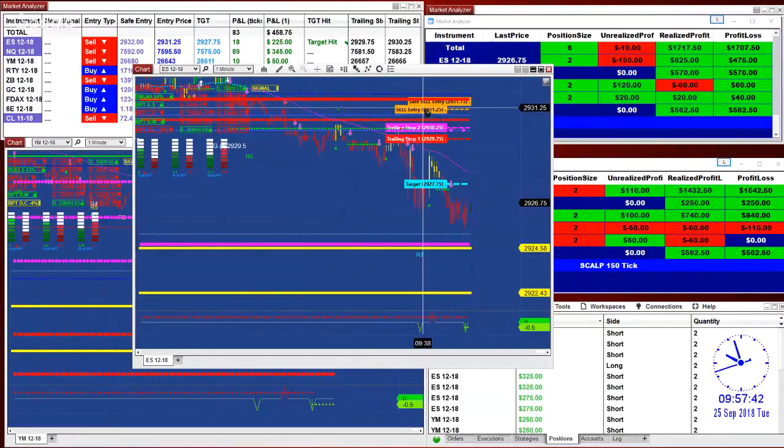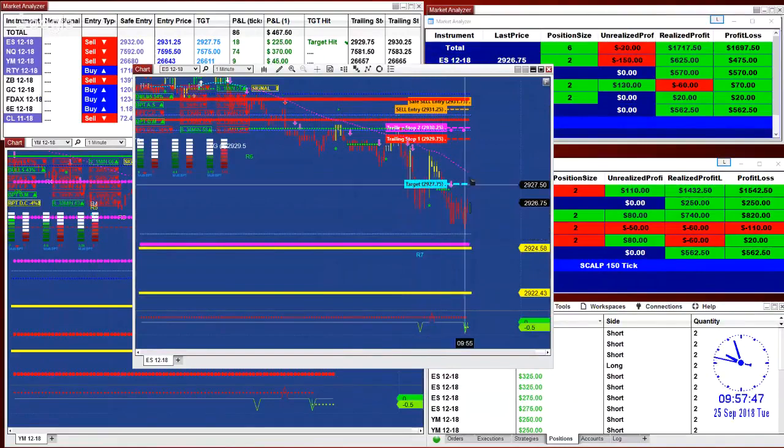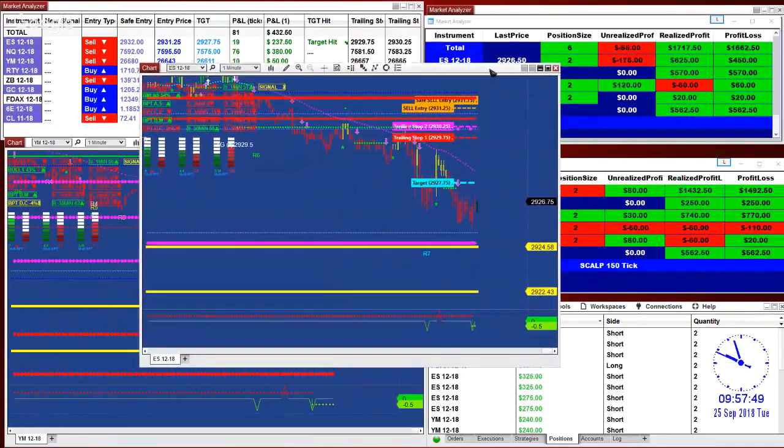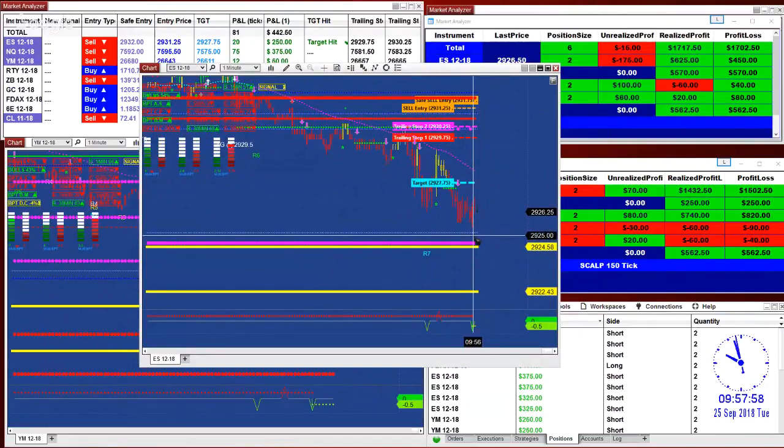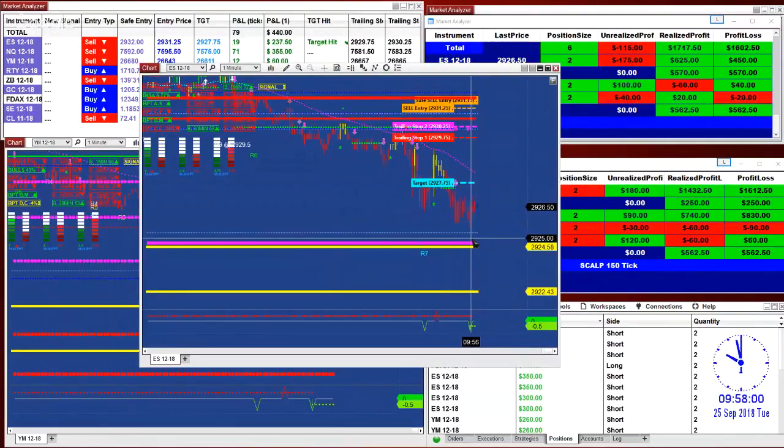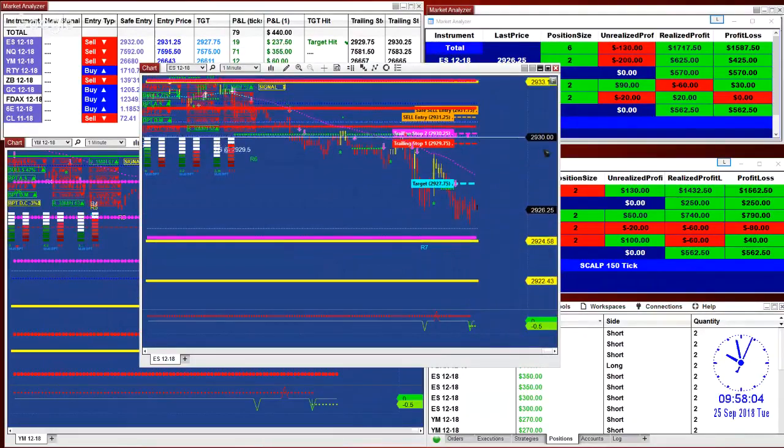We had an entry way up here. We already hit the target. We are coming to the critical area. So if you are going to ignore those signals, your chance of making money on that ES right now is probably 0 or 1%. So be careful with that trade right now.